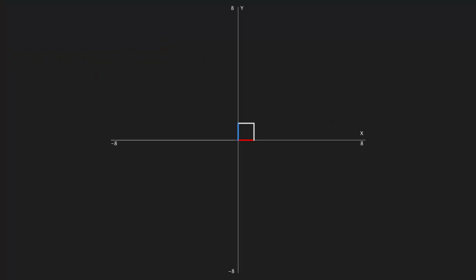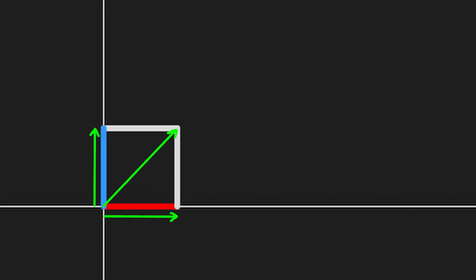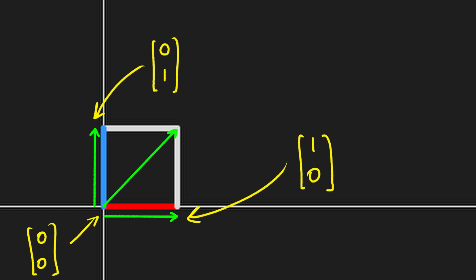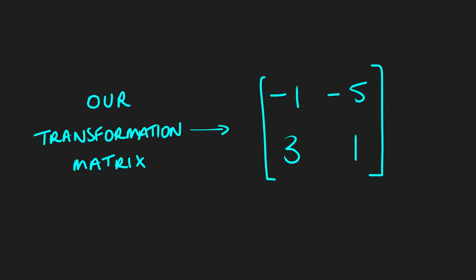So let's start off with our 2D plane, and on that plane we have the unit square, with the corners being defined by the vectors (0, 0), (1, 0), (0, 1), and (1, 1). So what we want to do is transform each vector by a matrix. Let's say that matrix is (-1, -5; 3, 1).